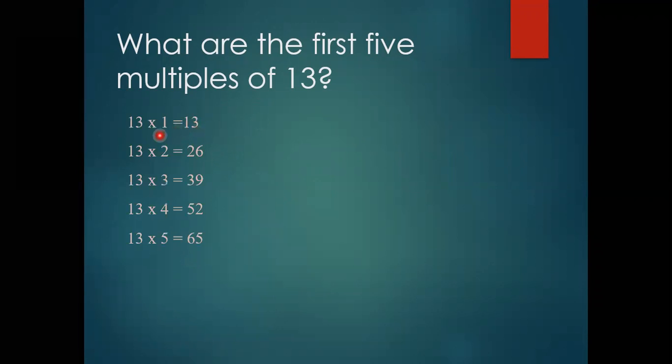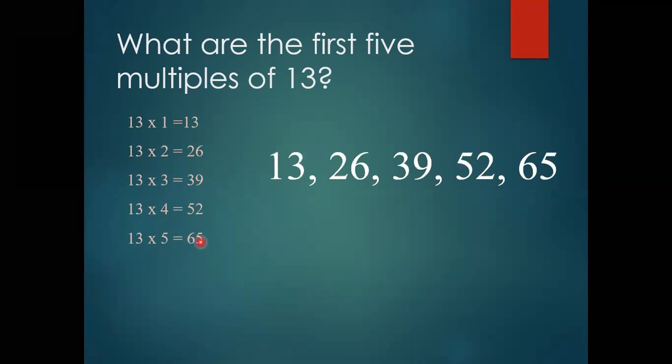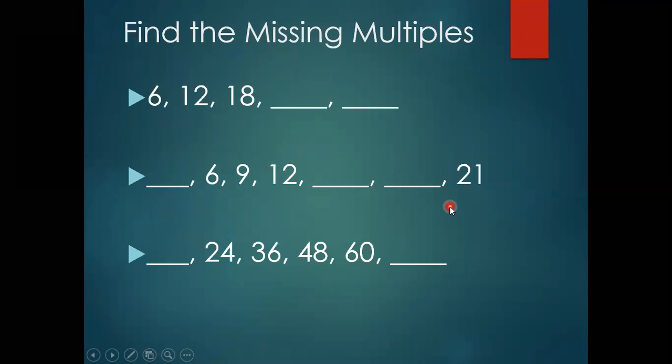So 13 multiplied by 1 is equal to 13, 13 multiplied by 2 is equal to 26, 13 multiplied by 3 is equal to 39, 13 multiplied by 4 is equal to 52, and 13 multiplied by 5 is equal to 65. So the first 5 multiples of 13 are 13, 26, 39, 52 and 65.